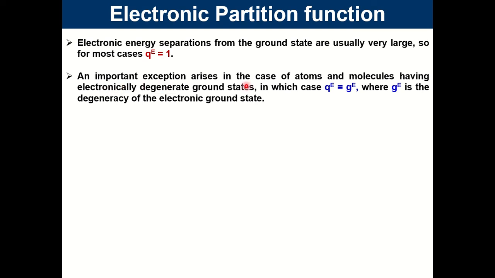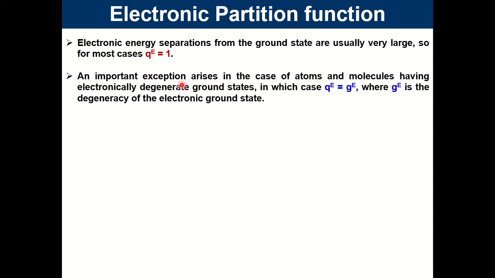In most of the molecules at room temperature, QE, the electronic partition function, will be equal to 1, meaning that only the ground state is significantly populated. Only the ground state is 100% populated.